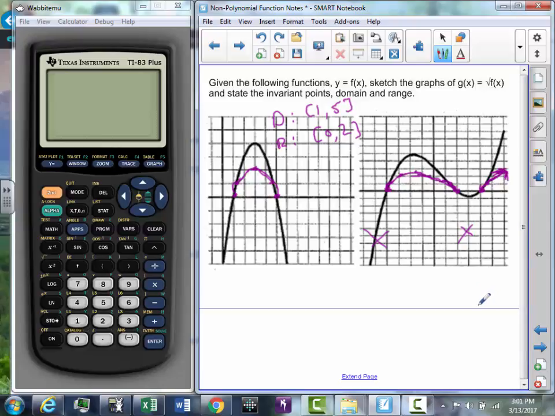What's your domain? You want to take a stab at it? What's the lowest number you can have? -4. Keep going, Michael. Not to infinity, because from -4, it goes all the way up here till it gets to 2, and then there's a gap.